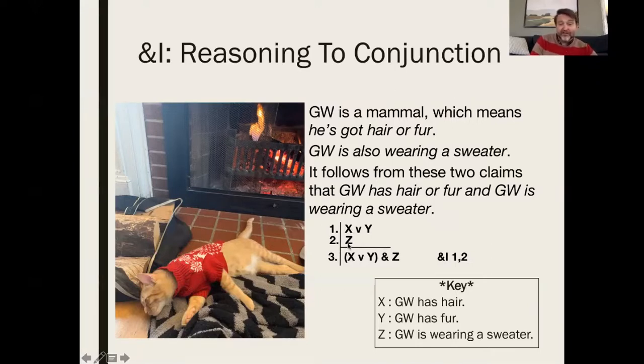And now we also knew from this picture that Gary Wendell is wearing a sweater. So we can conjoin that complex disjunctive statement together with the simple atomic statement, Gary Wendell is wearing a sweater, to generate this new conjunctive statement: X or Y, and Z. That is a conjunctive statement we have derived from two non-conjunctive statements using a single application of our rule, conjunction introduction.